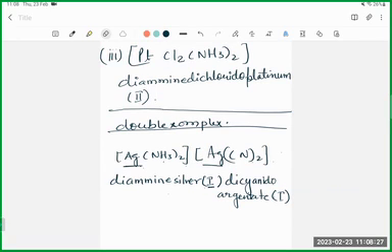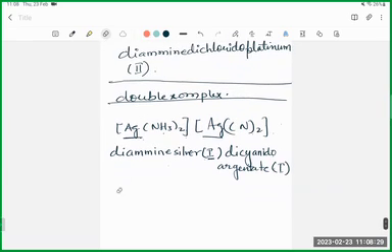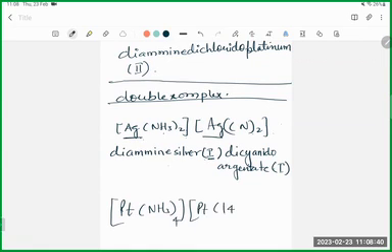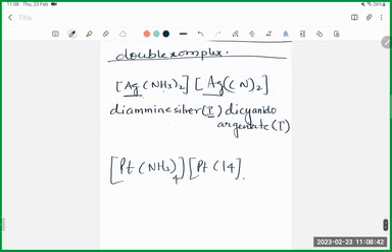Okay, can we go with one more example and then wind up? Check this one: [Pt(NH3)4] in one bracket, and [PtCl4] in another bracket. Do this one.